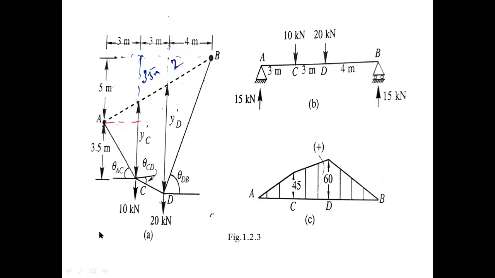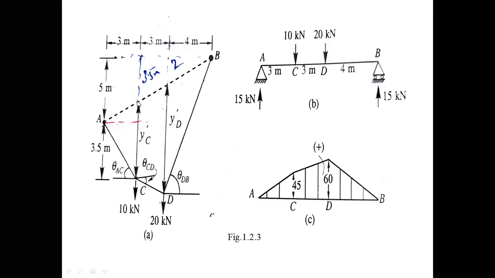So this is the given figure, and you don't know YC dash. The 3.5 is denoted by YC, not YC dash.